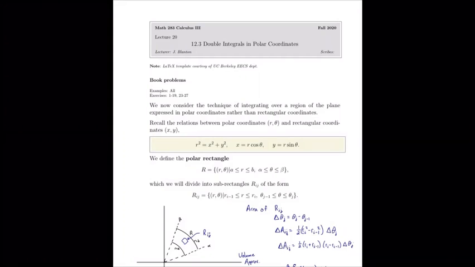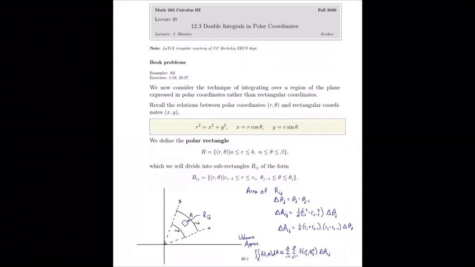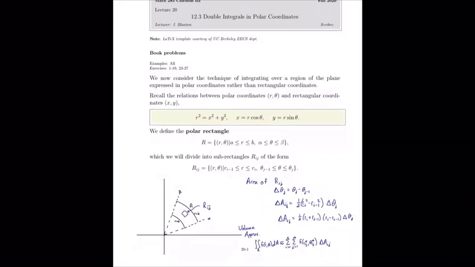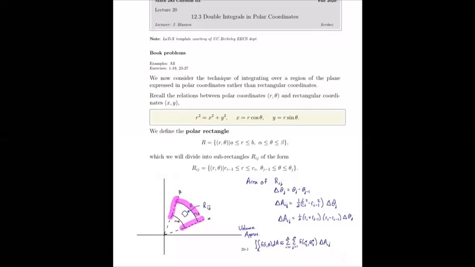Now, in order to establish this theory of integrating over a polar region, or integrating in polar coordinates, we need to think about a polar rectangle. So a polar rectangle is essentially what I've drawn below here. This is a rectangle that's bounded by two angles, and even though these are curves, this is essentially our quote-unquote polar rectangle.